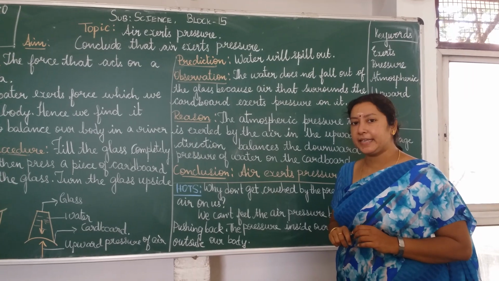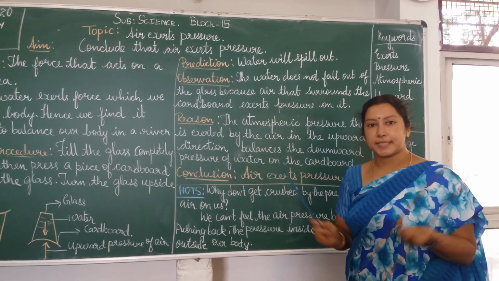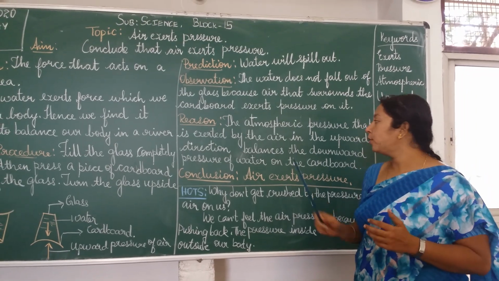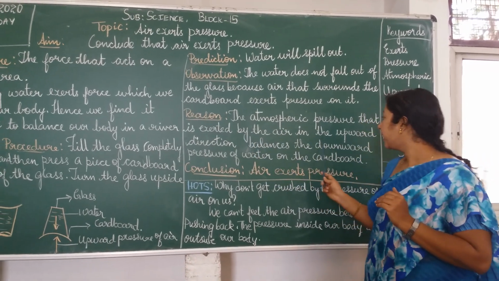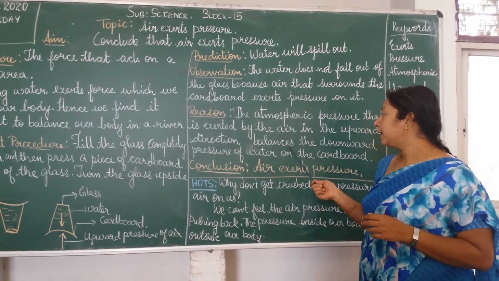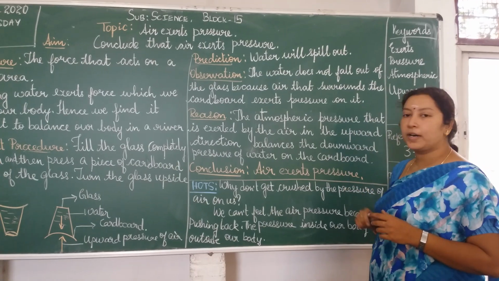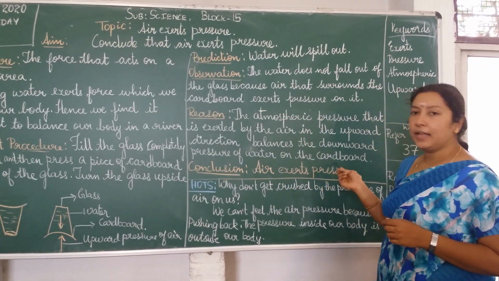Now let us find the reason why this happened. The atmospheric air is present everywhere, isn't it? The atmospheric pressure that is exerted by the air in the upward direction balances the downward pressure of water on the cardboard.